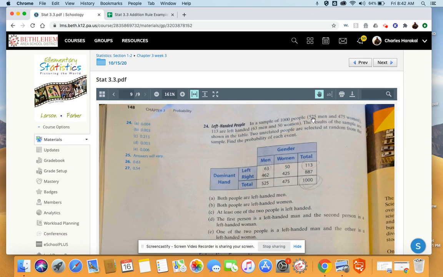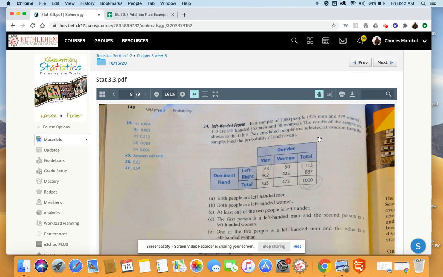Sample of 1,000 people, 525 men, 475 women, 113 are left-handed, 63 men and 50 women. The results of the sample are shown in the table. 2 unrelated people are selected at random from the sample. Again, 2 people are being selected, not a single event. 2 events have to occur. They have to occur in a row.